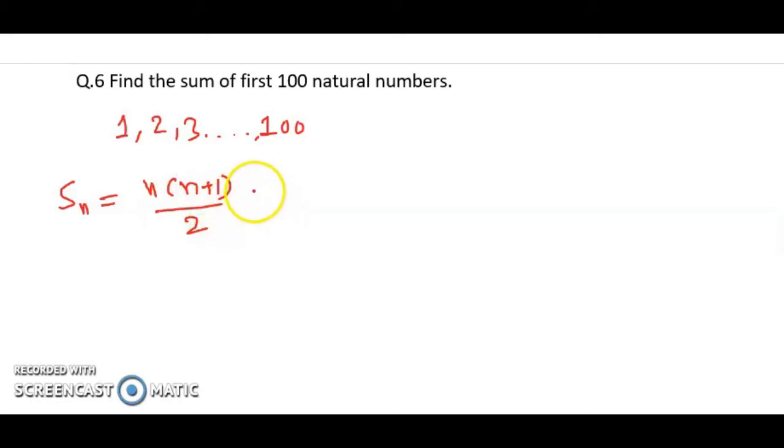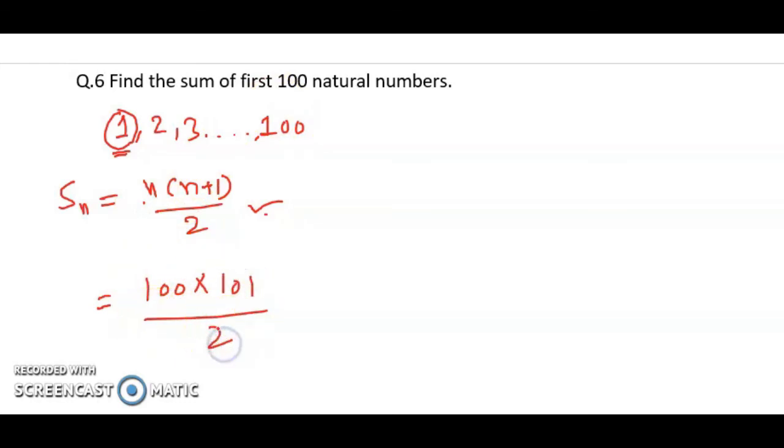This is the formula to find the sum of n natural numbers starting from 1. So if you use this formula directly, we will take n equal to 100, n plus 1 will be 100 plus 1, that will be 101, divided by 2. If you cancel it out, you will get the answer 5050. This is the sum of first 100 natural numbers.